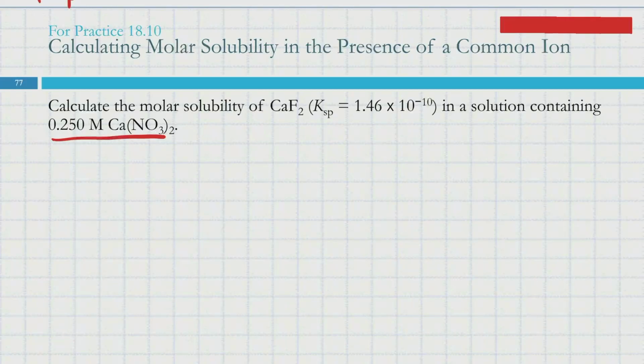Yes, we do. We have calcium. So calcium is a common ion. So that's going to be our initial amount for calcium nitrate. Calcium nitrate should be completely soluble because of the nitrate.